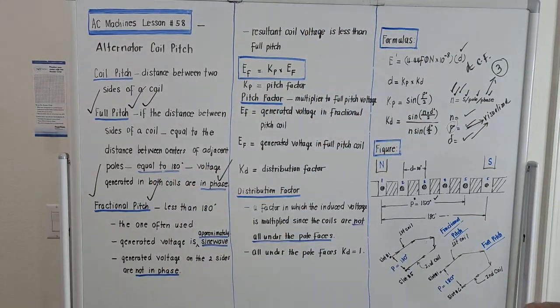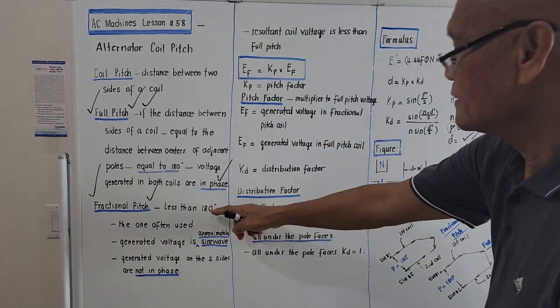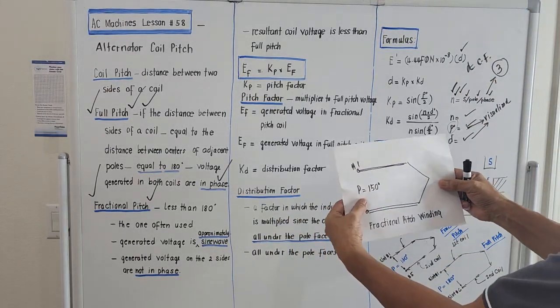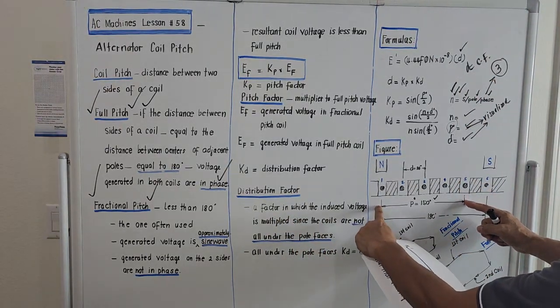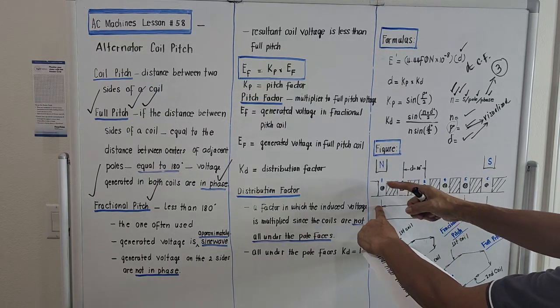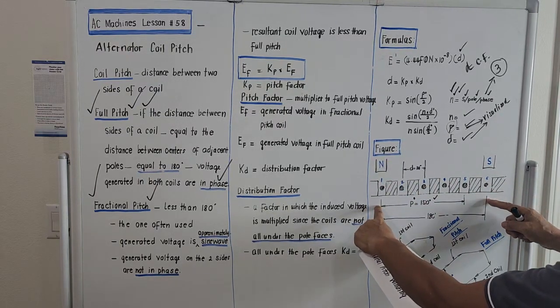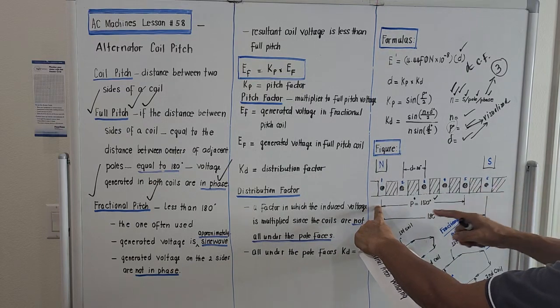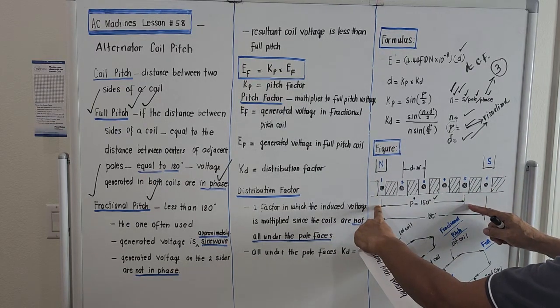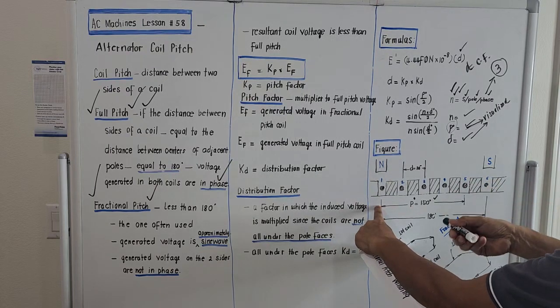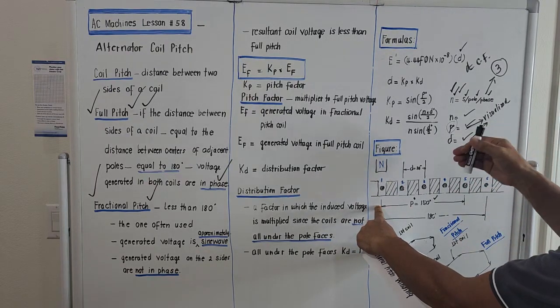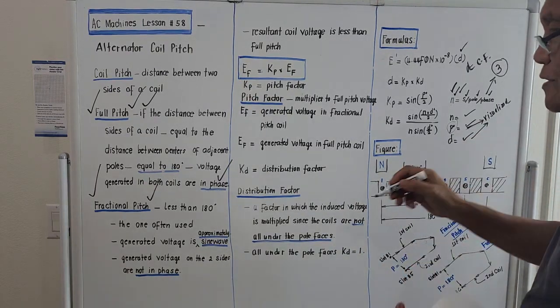It is less than 180 degrees. This is 150, because a pole pitch is from number 1 to number 6, that's 180. So if it's only 5, it's 150. If the winding enters here and comes out here, the type of winding is fractional pitch.